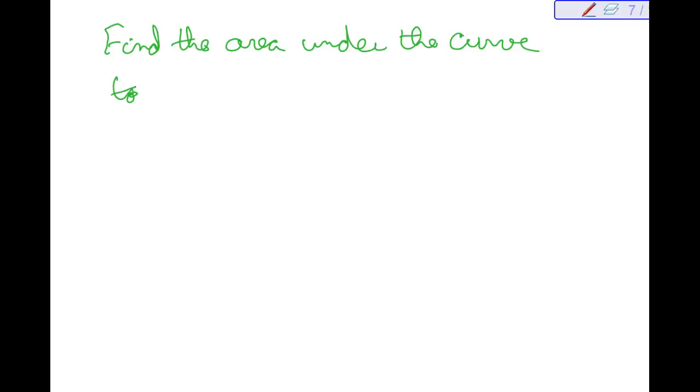And now what we're going to do is find the area under the curve to the right of z equaling 0.53.